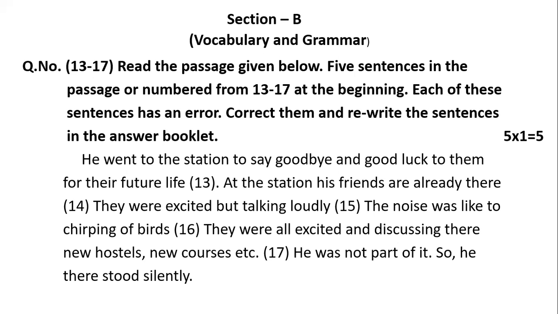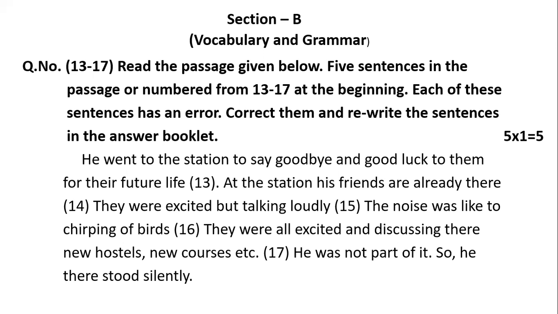At the station, his friends are already there. So here, okay, present tense word is used. After friends, we have to use were, but they have written are. So are should be underlined and, okay, you have to write were.